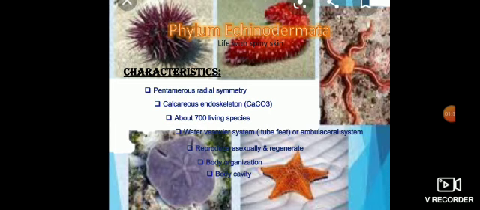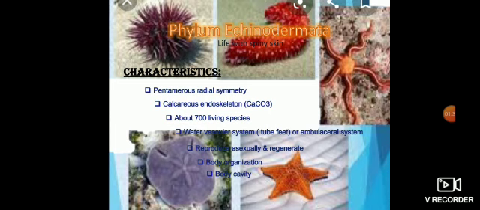The second character is the calcareous endoskeleton. As the endoskeleton is made up of calcium carbonate, that is why the skeleton is known as the calcareous endoskeleton. This calcareous endoskeleton is formed of calcareous elements that are embedded in the dermis of the body wall of echinoderms.